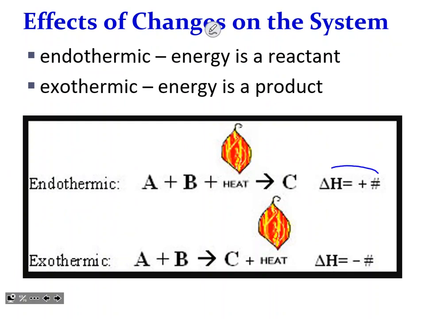Don't forget, they will normally tell you either by putting it in the balanced reaction itself, or they'll give you the delta H value. So you need to know that delta H positive, of course, indicates endothermic. Delta H negative indicates exothermic. We have to know this before we can decide, when adding in heat or temperature, which way it will proceed.